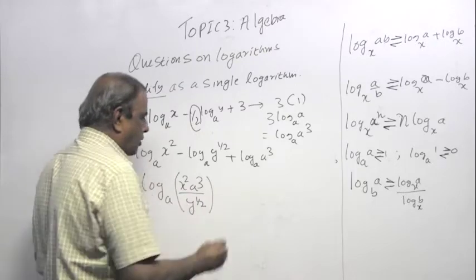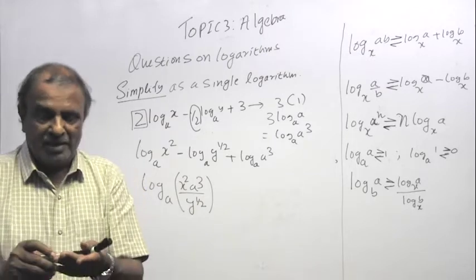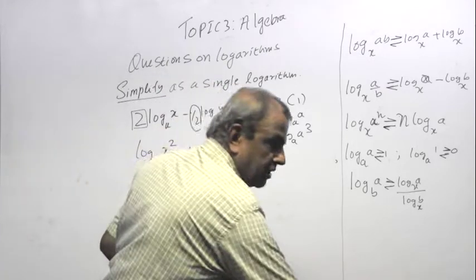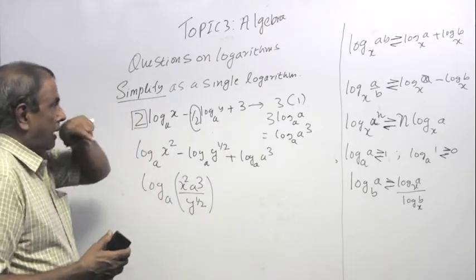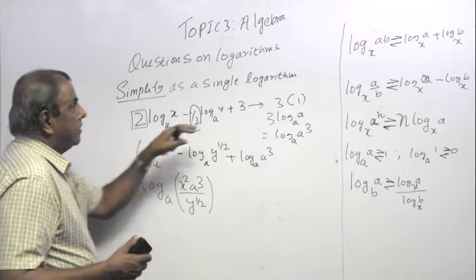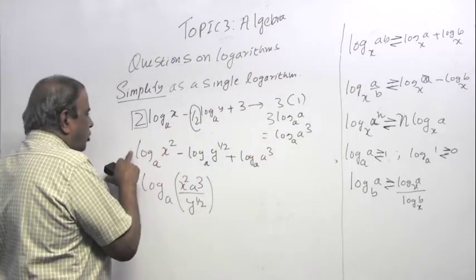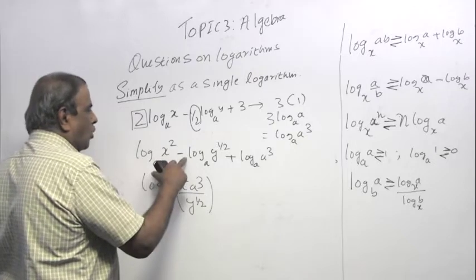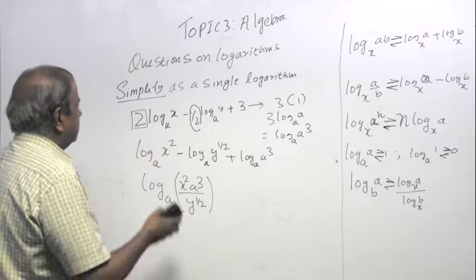I have got now a single logarithm. Do you understand that? That's how you apply them. You cannot apply the log laws, these two, unless you don't have any number other than 1 here. Otherwise, you can't. So if you have a number, take it as a power.